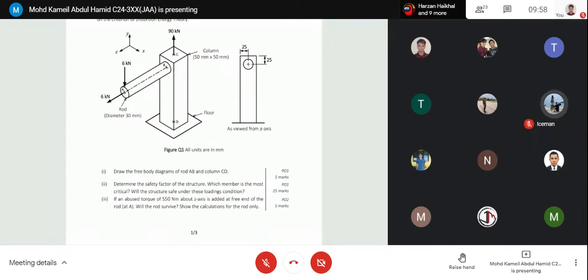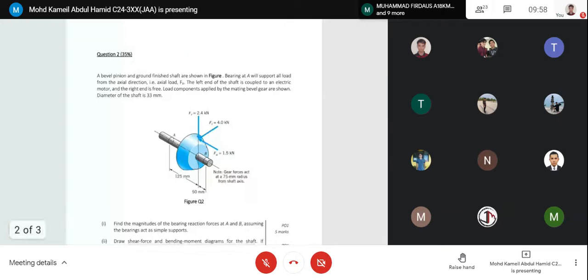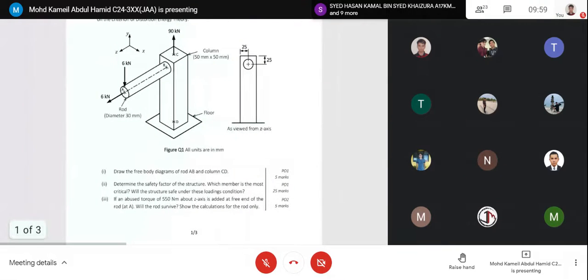Ada doktor ada. Haris, okey ke? Apa yang tak faham? Boleh faham ke masih lagi belum lagi? Belum dapat lagi.